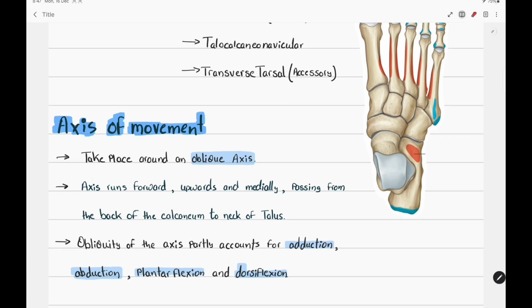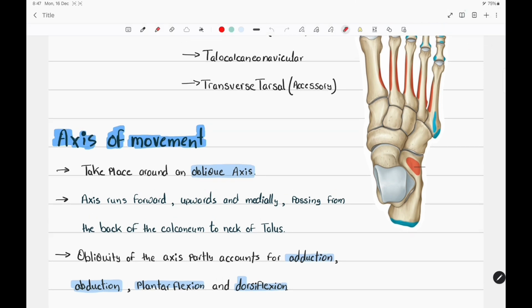I'll show you this. The axis runs forward, medially and upwards.